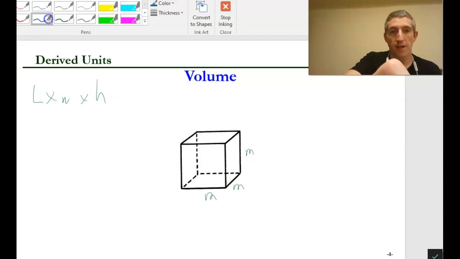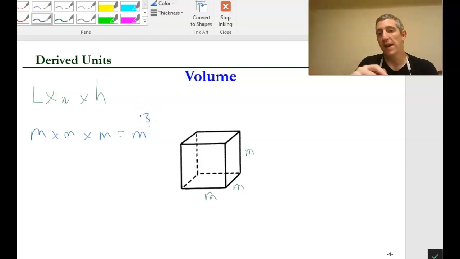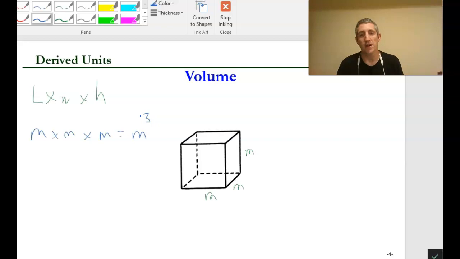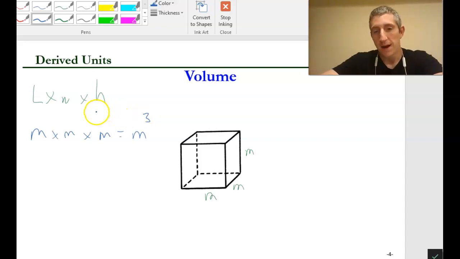If I'm going to multiply units together, meters times meters times meters, that gets me the derived unit of meters cubed. Again, they're not canceling out numerators and denominators. These are all numerators. There are no fractions at all. So we end up with meters cubed.